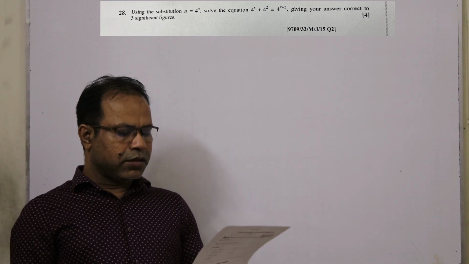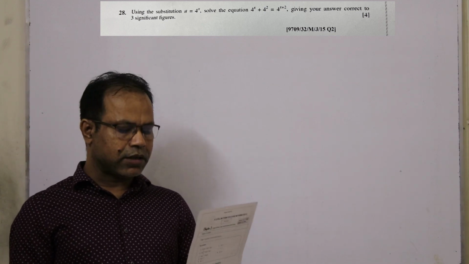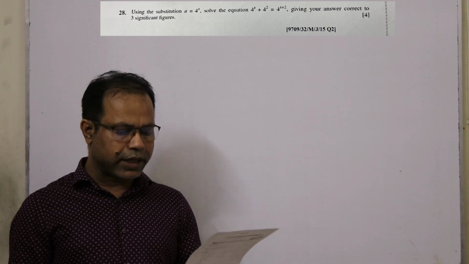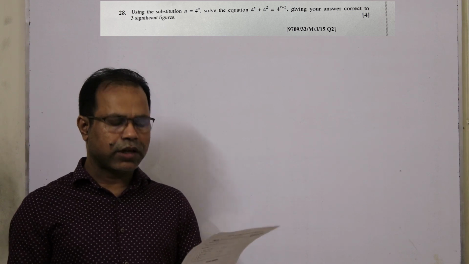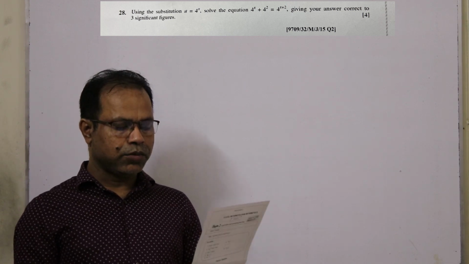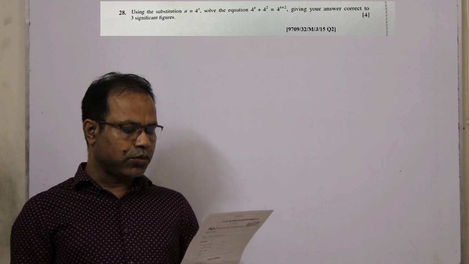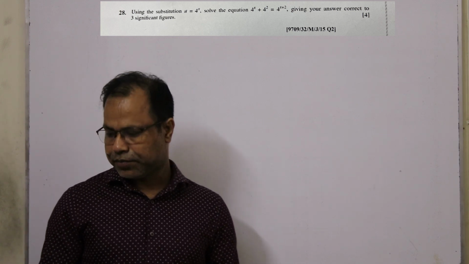Using the substitution u equals 4 to the power x, solve the equation 4 to the power x plus 4 squared equals 4 to the power x plus 2, giving your answer correct to 3 significant figures.